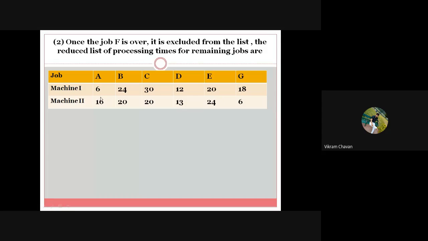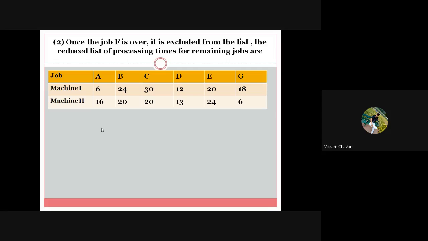Okay, so which job is having the lowest processing time and related to which machine? Which job is having the lowest processing time and related to which machine?